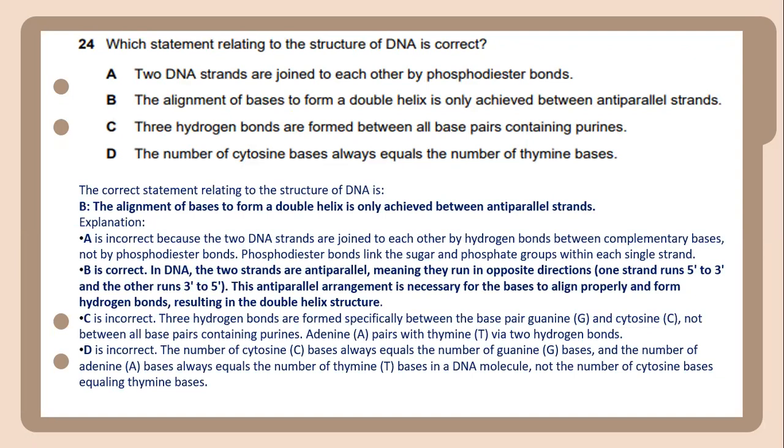One strand runs 5 to 3 and the other runs 3 to 5. This anti-parallel arrangement is necessary for the bases to align properly and form hydrogen bonds, resulting in a double helix structure. A is not correct because the two DNA strands are joined to each other by hydrogen bonds between complementary bases and not by phosphodiester bonds. Phosphodiester bonds link the sugar and phosphate groups within each single strand.